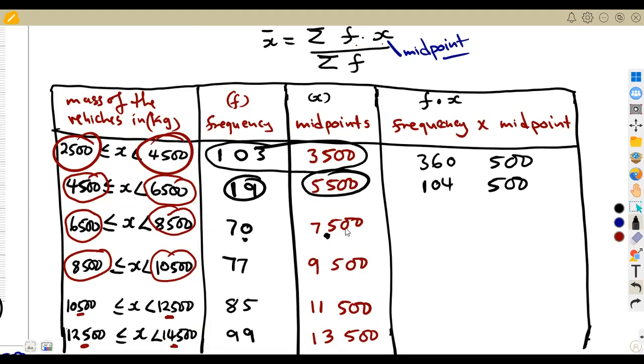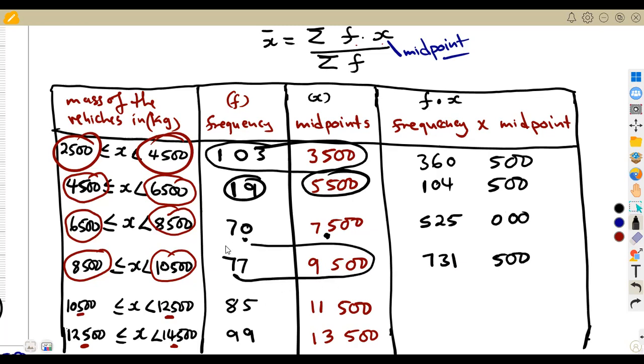70 times 7,500, which is going to give us 525,000. Then we multiply 77 times 9,500. This is going to give us 731,500. We've multiplied these two.